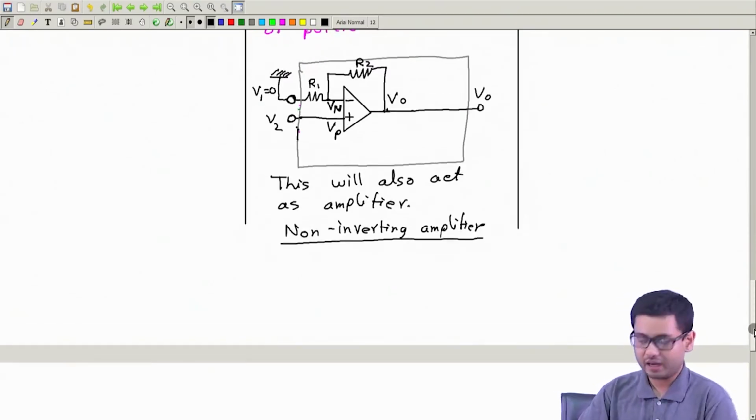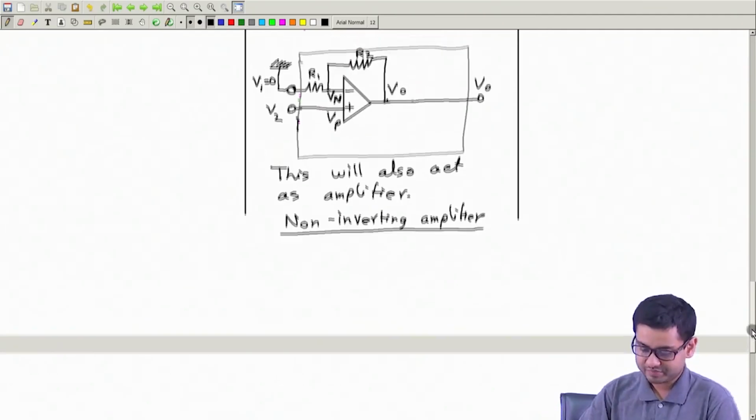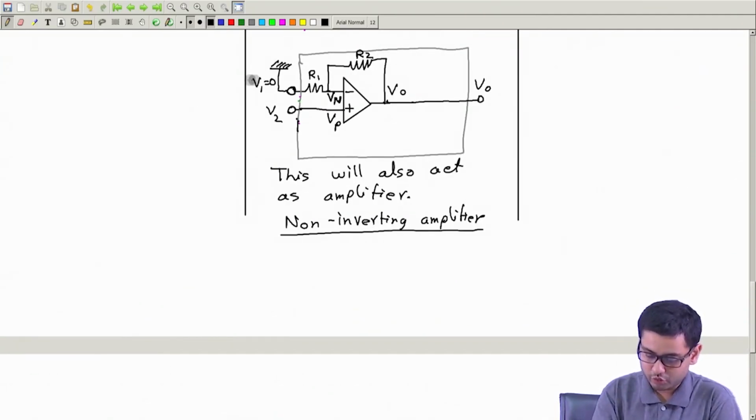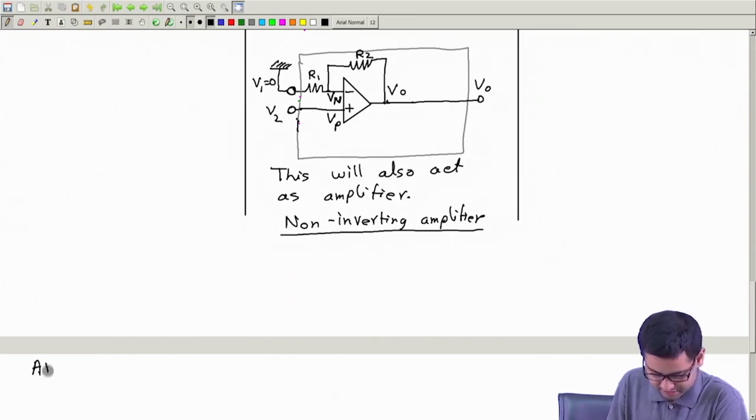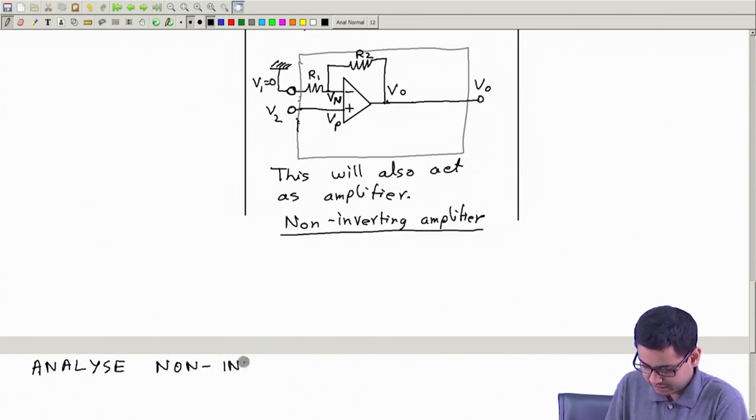So please pay your attention. So let us start with maybe this one, non-inverting amplifier. Okay, so we will analyze non-inverting amplifier.